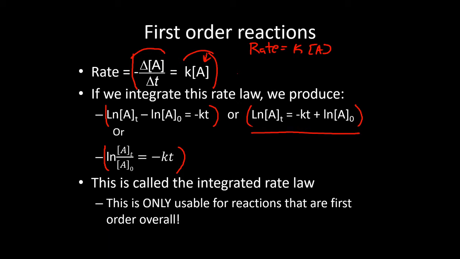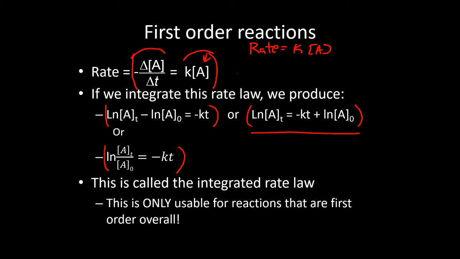This is the most common form of the equation, but the other two are just as legitimate. You just did some algebra to it, essentially. This is what we call the integrated rate law, because we took the rate law that we had before, and yes, we added in a little bit extra there, but we integrated the equation with the rate law in it, and it gave us this equation.